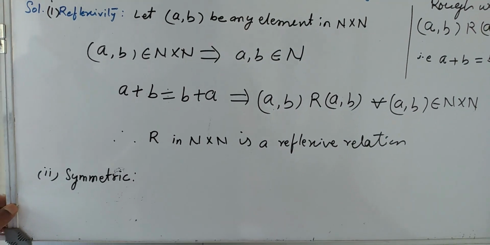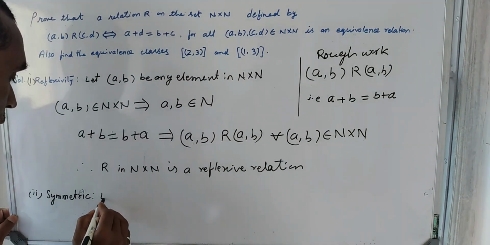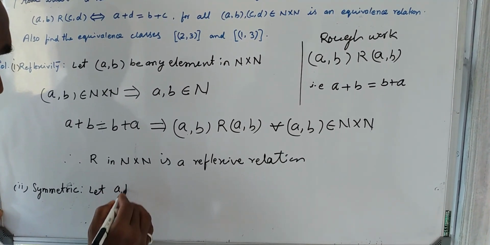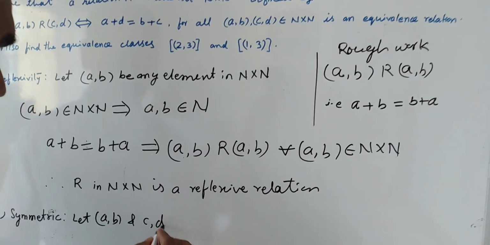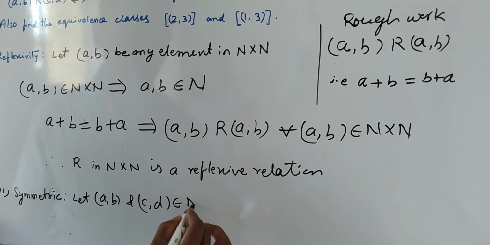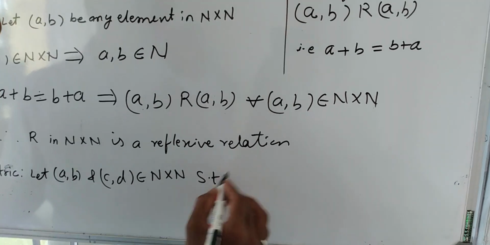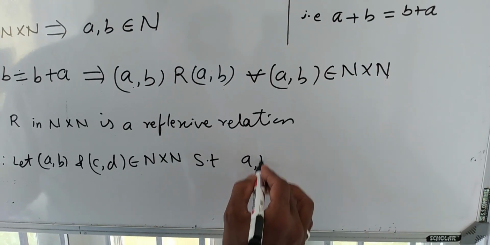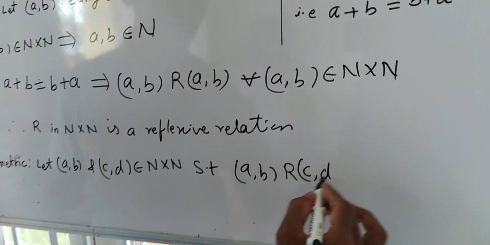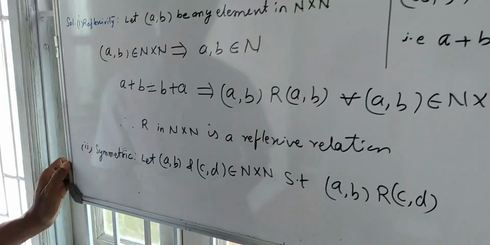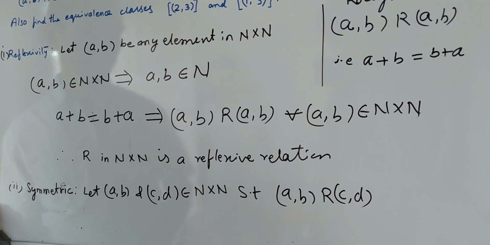For symmetric, we take two elements in N cross N. So let (a, b) and (c, d) be any two elements in N cross N such that (a, b) is related to (c, d). This is given. Now we have to prove (c, d) is related to (a, b).